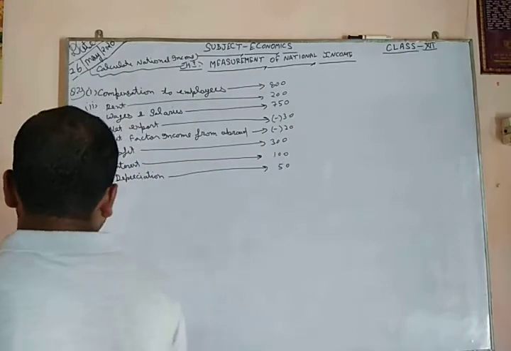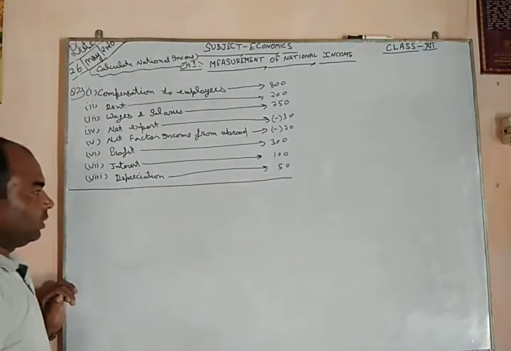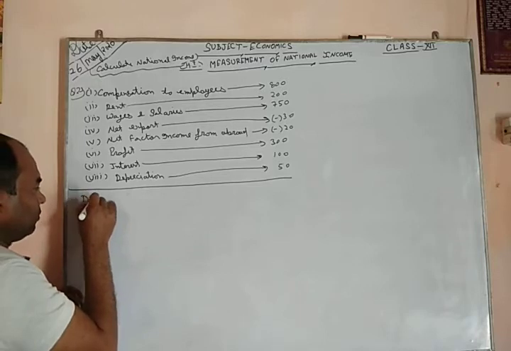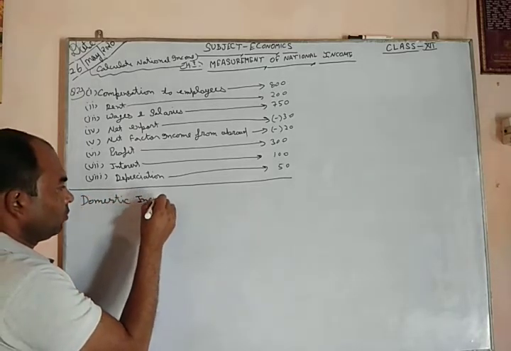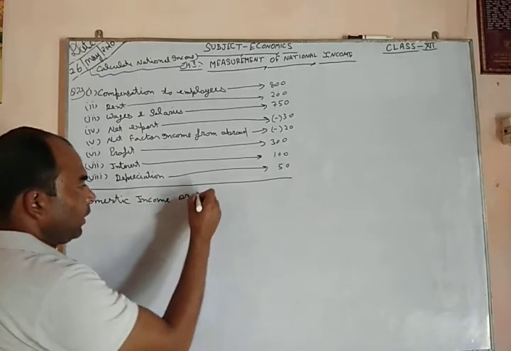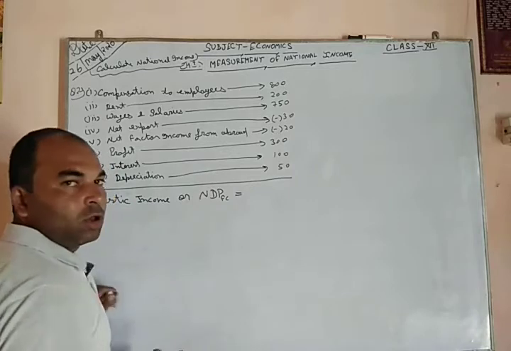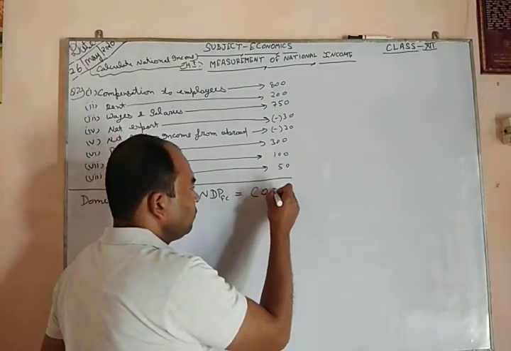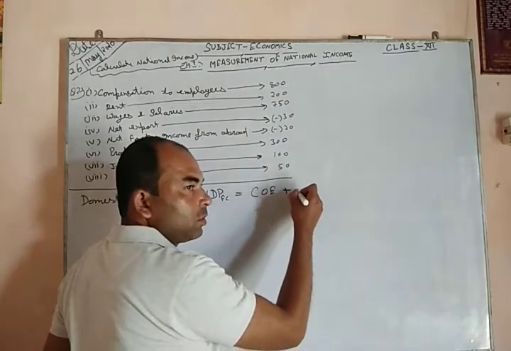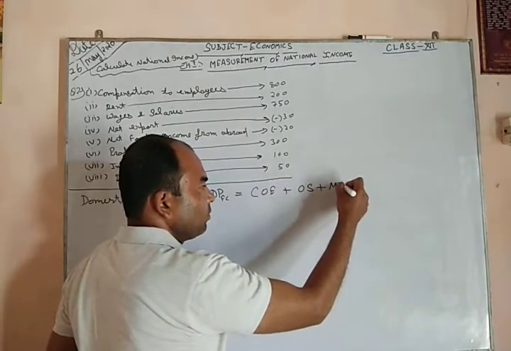So before the national income, we have to calculate domestic income. So domestic income or NDPFC is equal to COE plus OS plus mixed income.